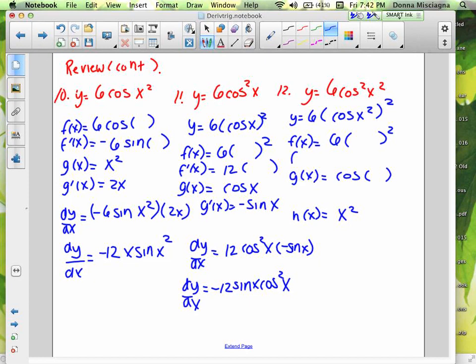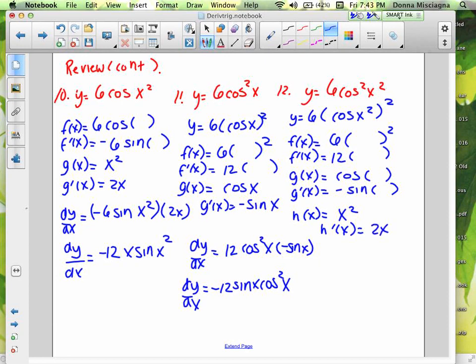So the derivative of 6 blop squared is going to be 6 times 2, or 12 blop. The derivative of cosine blop is negative sine blop. And the derivative of the x squared is 2x.